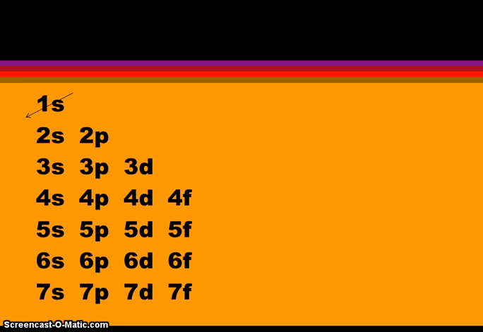So 1s is filled first, followed by 2s, followed by 2p, 3s, 3p, 4s, 3d, 4p, 5s, 4d, 5p, 6s, and so forth down our flowchart. So this will enable us to determine which sublevels are filled with electrons first, from lowest energy to highest energy.